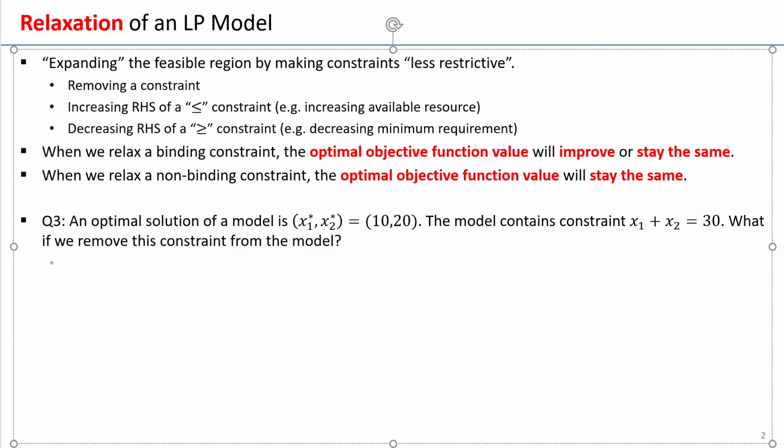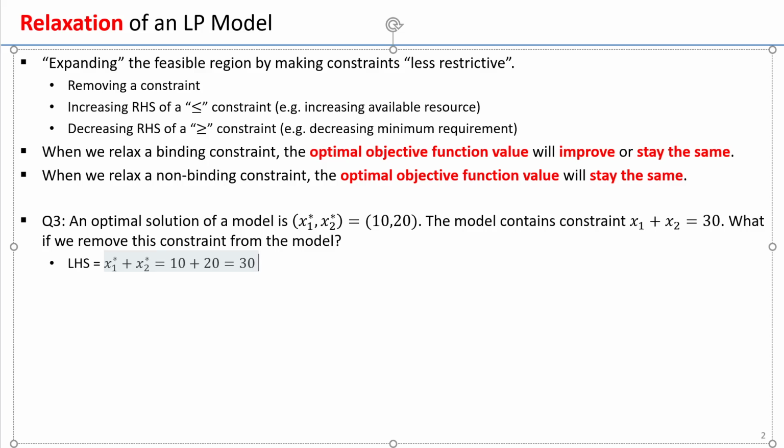So, last example of relaxation: what if we have again an optimal solution 10, 20, and what if we have a constraint that is an equality, and what if we remove this constraint? So again, we check this constraint. If we plug in x1, x2 on the left-hand side, x1 plus x2, plugging in the optimal values x1 star, x2 star, this equals 10 plus 20 equals 30.